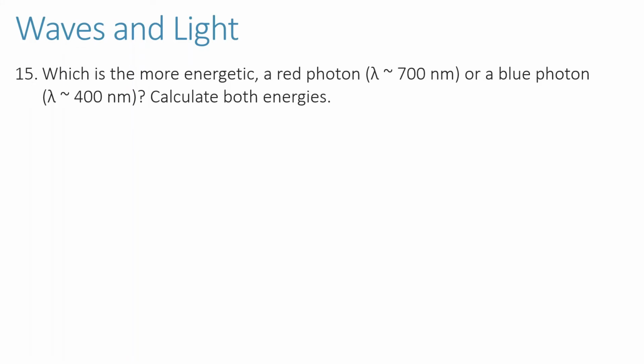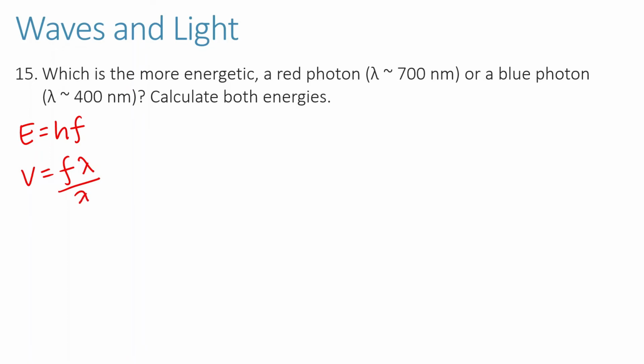So the first one that we have is that energy of a photon is equal to Planck's constant times frequency. We also know that velocity equals frequency times wavelength. So I'm going to rearrange this to solve for frequency.